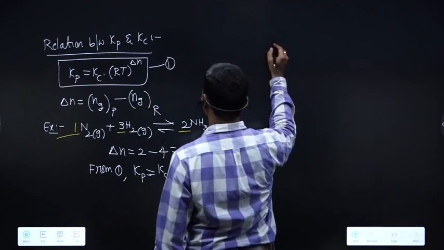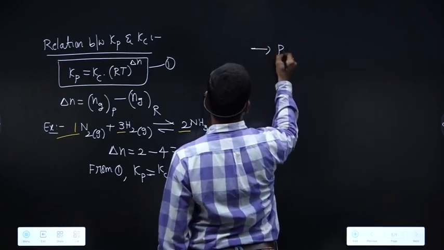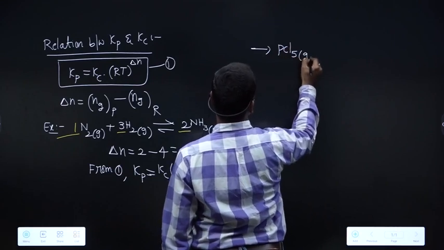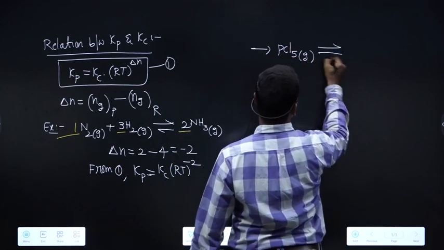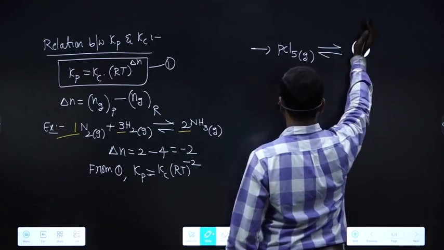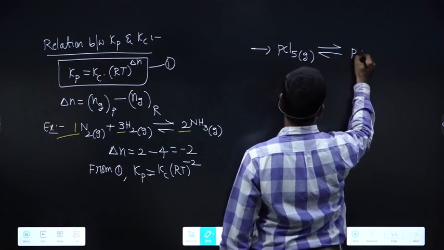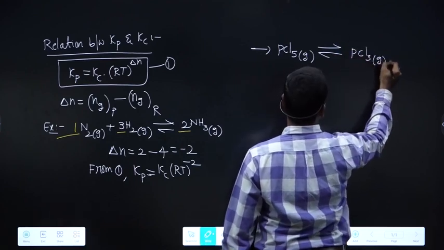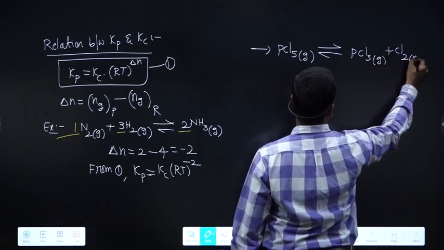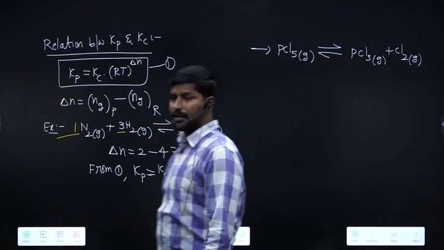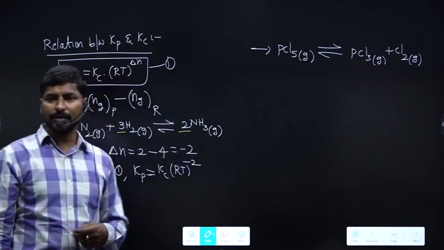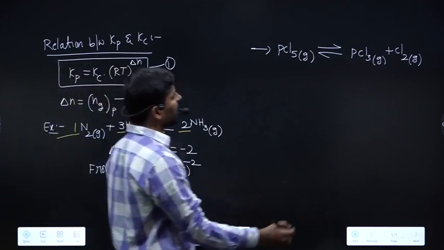For example, if you have a reaction where PCl5 gas undergoes dissociation to give PCl3 gas plus Cl2 gas, what is the relation between Kp and Kc for that reaction? What is the delta n value?